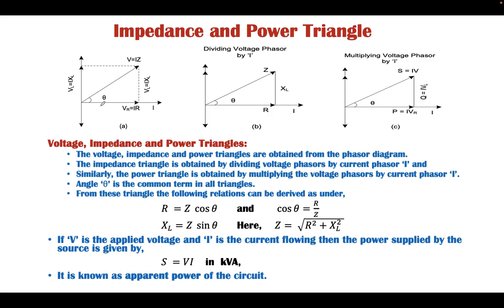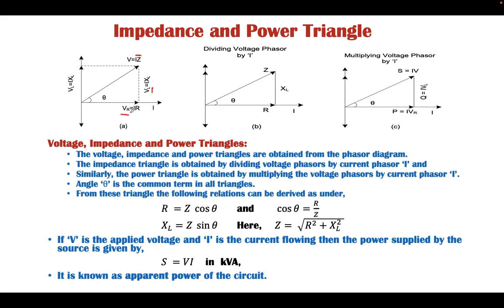Now, from these three phasors: the voltage across the resistor, the voltage across the inductor, and the voltage across the complete combined effect of resistor and inductor can be resolved in phasor representation.